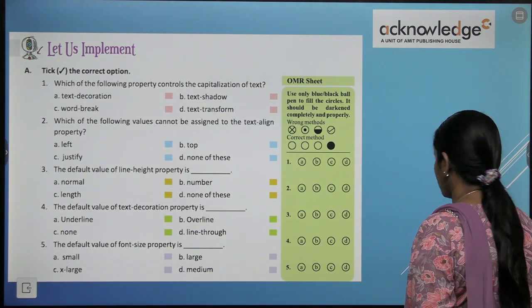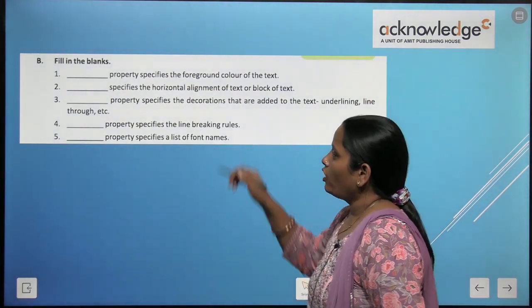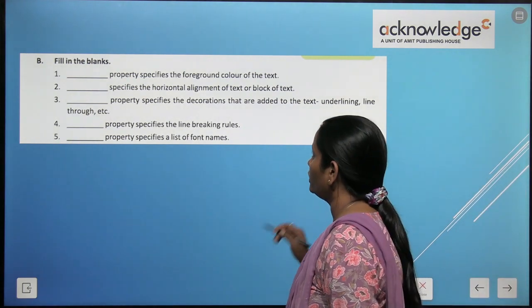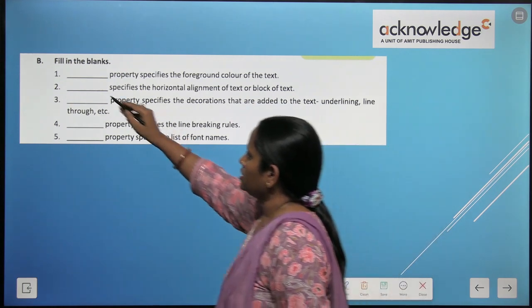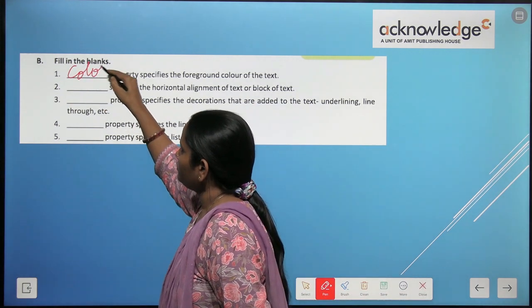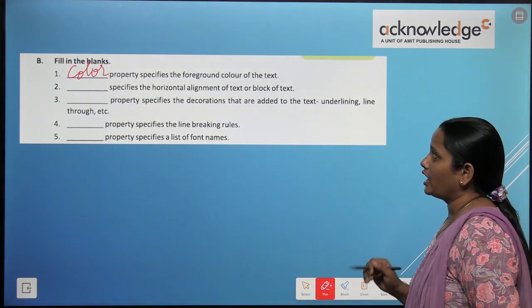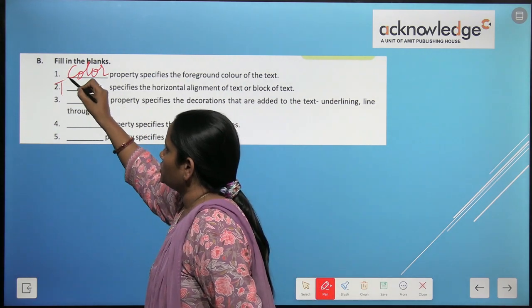Next exercise, fill in the blanks. Okay, children. The first question is, dash property specifies the foreground color of the text. So the correct answer is color property. Next is, dash specifies the horizontal alignment of text or block of text. So text alignment is used here.